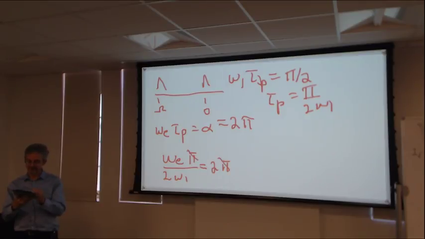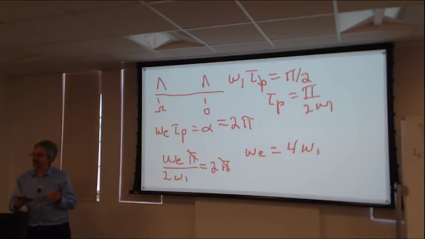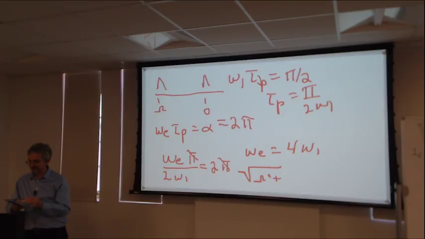The pi's cancel, and I have omega e equals 4 omega 1. Now omega e is the vector sum of capital omega and omega 1. So its magnitude is the square root of omega squared plus omega 1 squared, and that has to be equal to 4 omega 1.